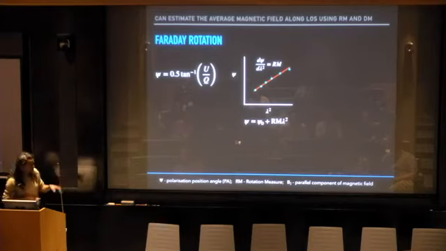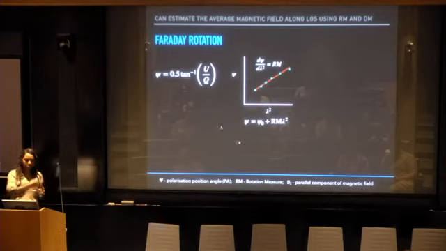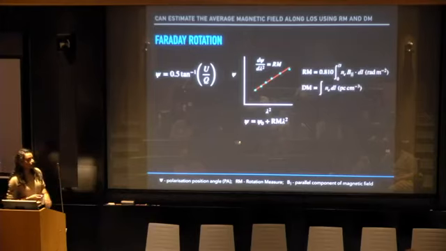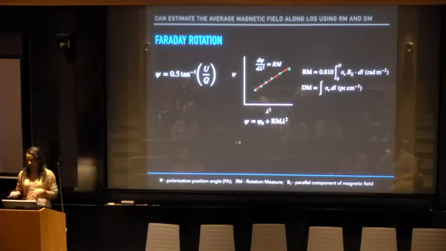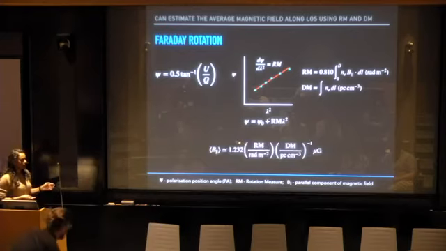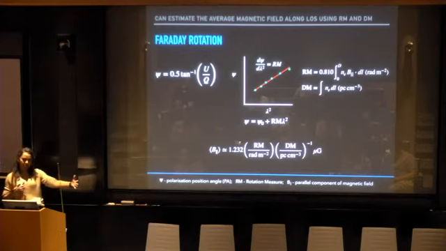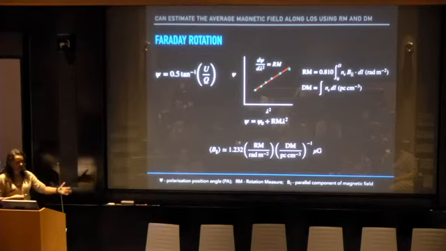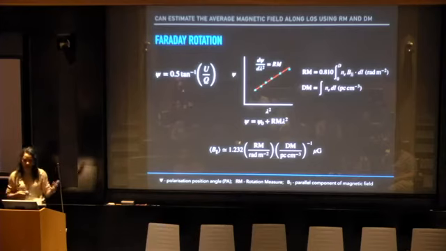From this equation here, you can see that the rotation of the polarization position angle is larger with observing wavelength squared. And like Brian mentioned yesterday, using a combination of the rotation measure and the dispersion measure, both of which are observables, you can estimate the average magnetic field along the line of sight. And again, this is a limit because you could have magnetic field reversals.